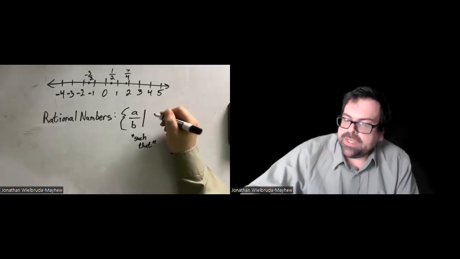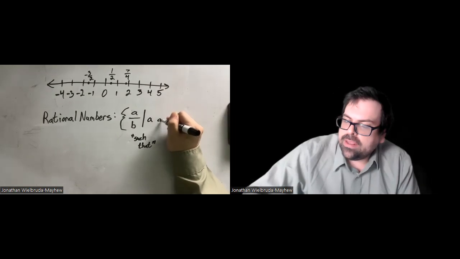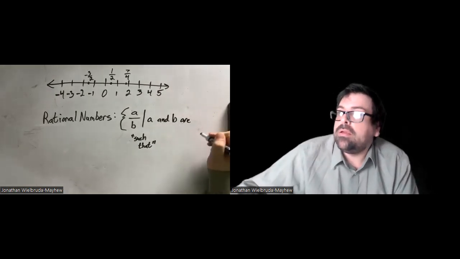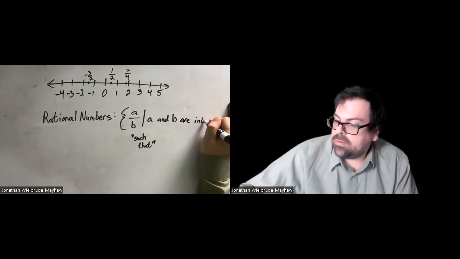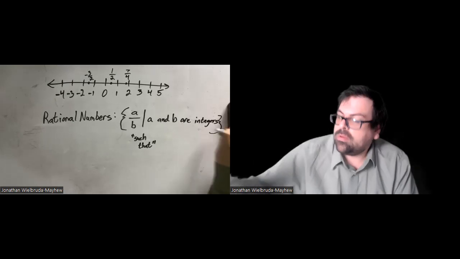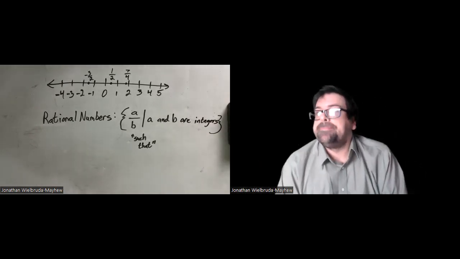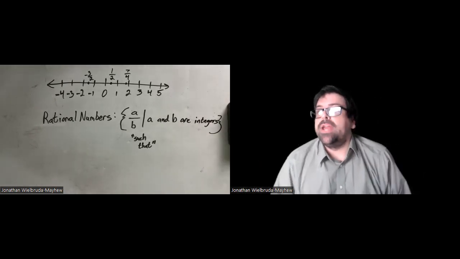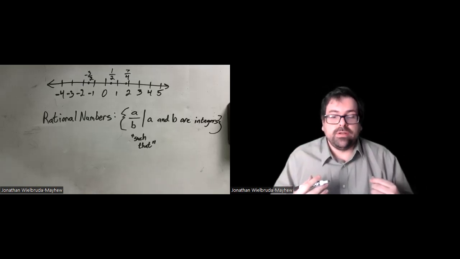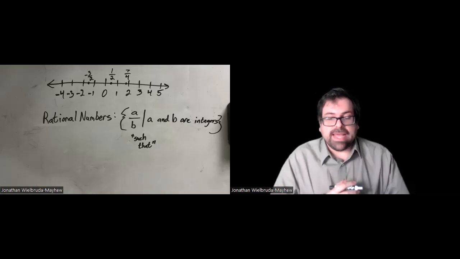So all A over B such that A and B are integers. So if we can write a number as an integer over an integer, we can refer to that number as a rational number.